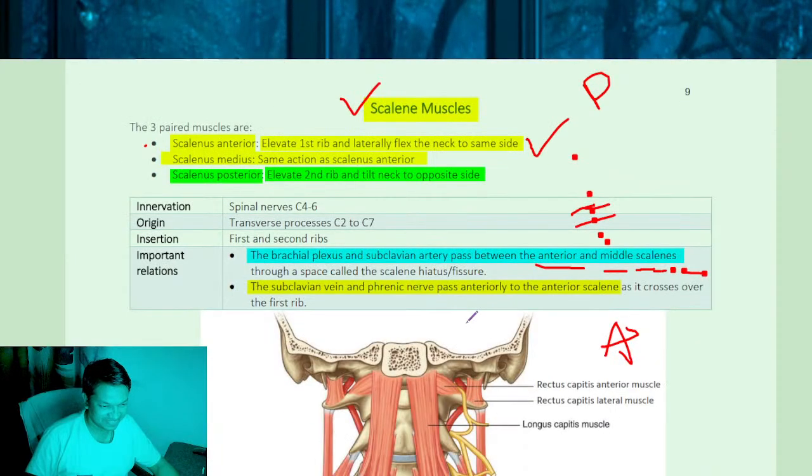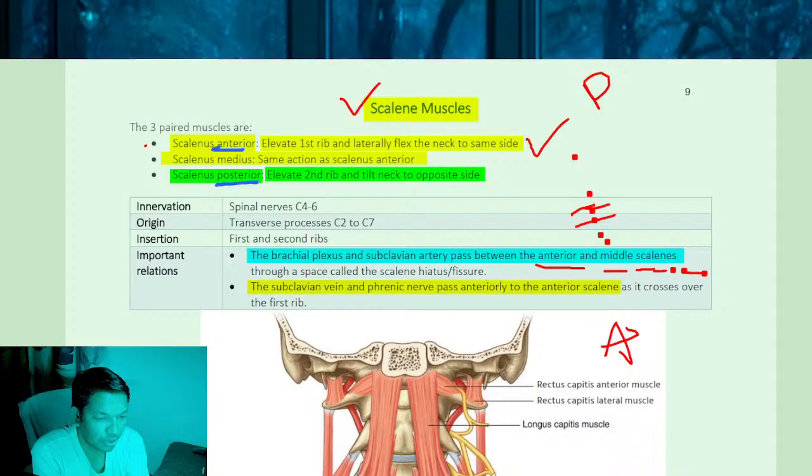Scalenus, okay. Scalenus has three: scalenus anterior, scalenus posterior, and in between, medius. Scalenus anterior and medius join with the first rib. Scalenus posterior joins with the second rib.